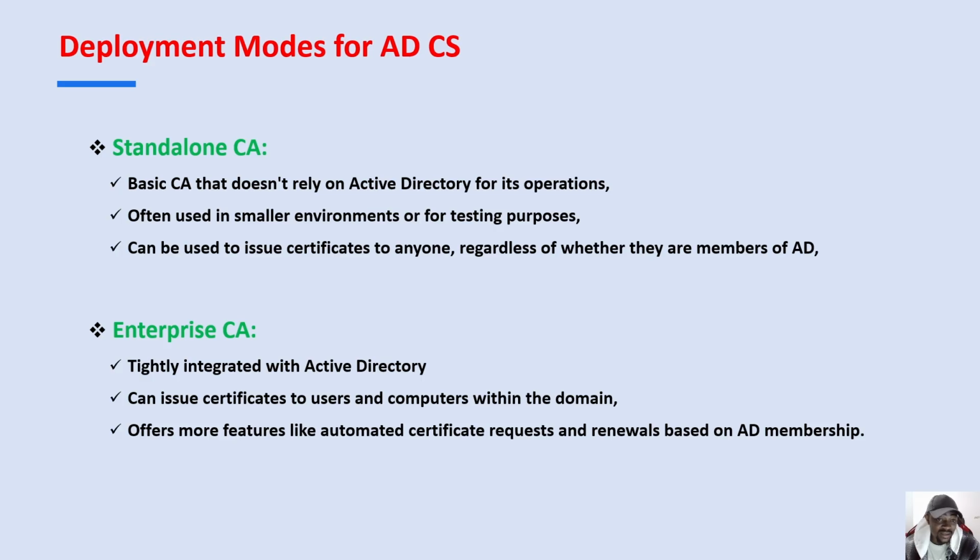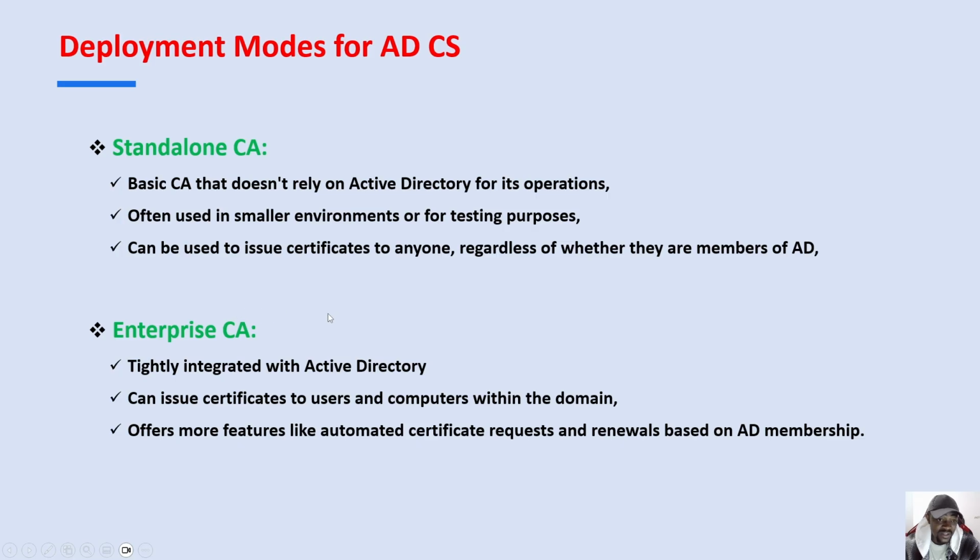The main advantage here is that you can use this CA to issue certificates to any entity, whether it is a user, a device, a network appliance, or any service or application, regardless of whether they are members of Active Directory. So it is one of the advantages of having a standalone CA.